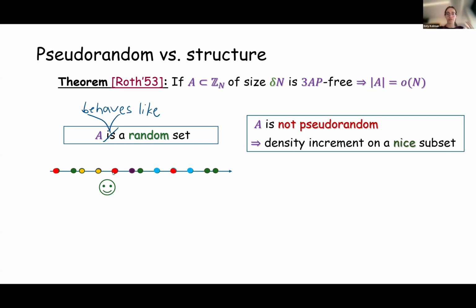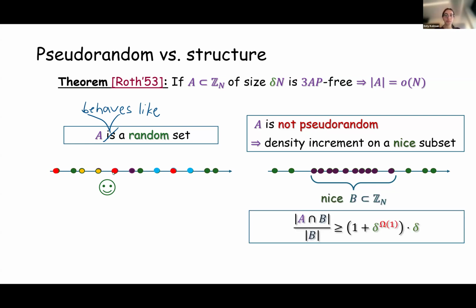And thus we say, if it's not pseudo-random, then we're going to find some structure inside it with density increase. So for example, the following set of points is not random. We can find some interval. This is, for example, a structure for which the density of A increases significantly. So we find some subset B with density at least delta plus poly delta.